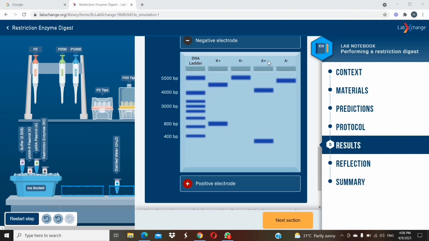And here you can see the A positive has the lowest base pair count. So this is the shortest fragment that may migrate the longest distance. K negative has the longest fragment, which may migrate the shortest distance only.